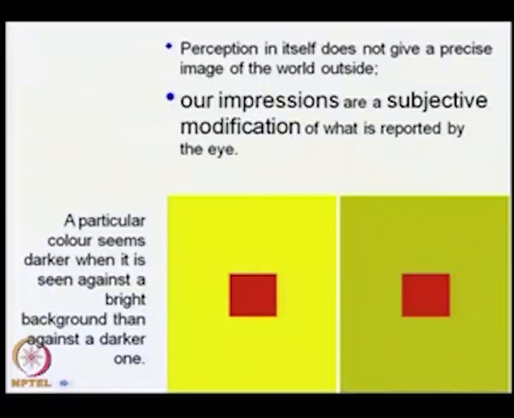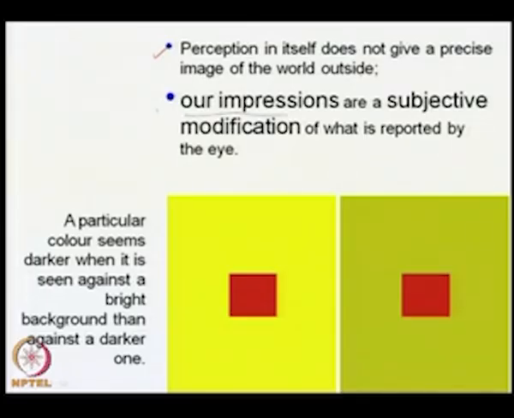Now, we will discuss some of the basic principles that assist us in recognizing an object and acting upon it accordingly. The perception in itself does not give a precise image of the world outside.